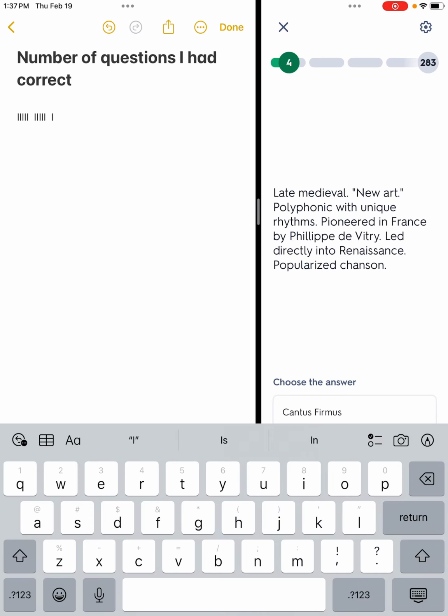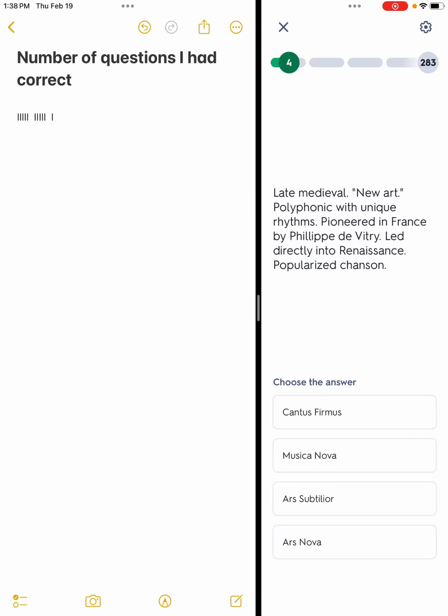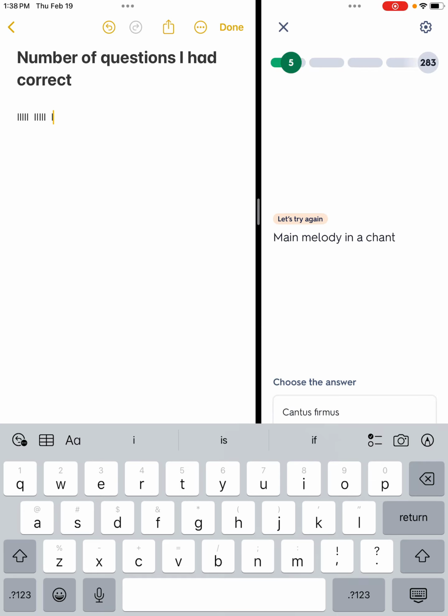Okay, late medieval new art polyphonic with unique rhythm pioneered in France by Philippe de Vitry, led directly into the Renaissance, popularized chanson. Ars Nova? That is right.